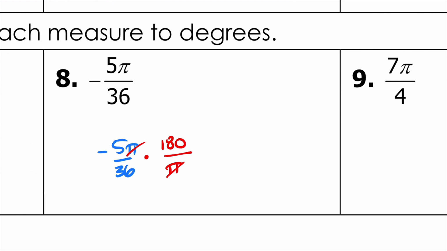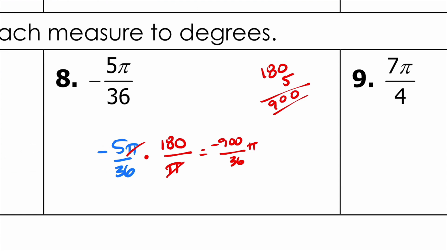I don't have a calculator with me, so let me do it by hand. 180 times 5 is 900, so that equals negative 900 over 36.